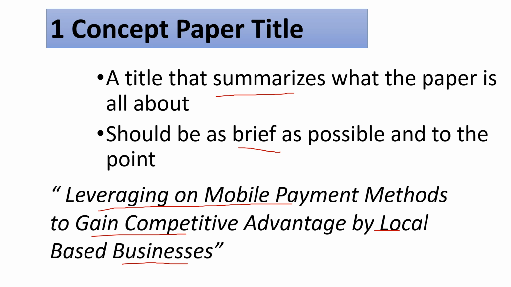In here, you have already mentioned what you are going to propose, and that is mobile payment methods. And then what do you get out of your proposal? You will gain competitive advantage. How? By local based businesses. As you can see, this title is brief enough, but at the same time, it contains the most important points that should be considered in your proposal.